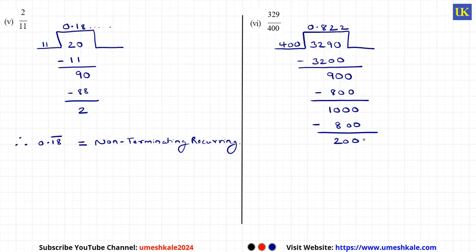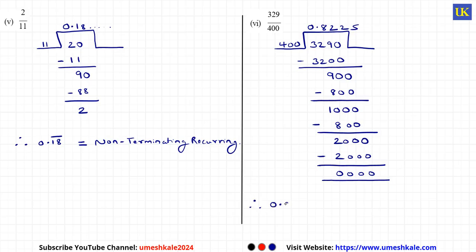So we are allowed to take zero here because we have already taken the decimal. So we can add one extra zero here. So now 400 fives are 2000. Now what we are getting is 0 in the remainder. Okay, so this is our final answer because we got a 0 in the remainder.